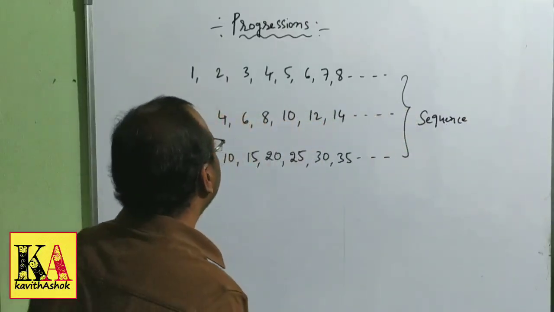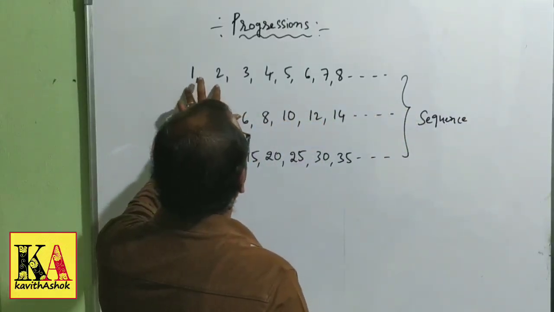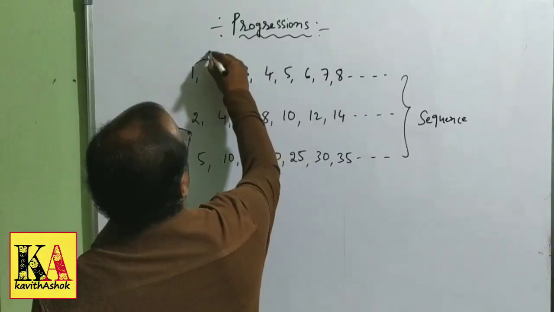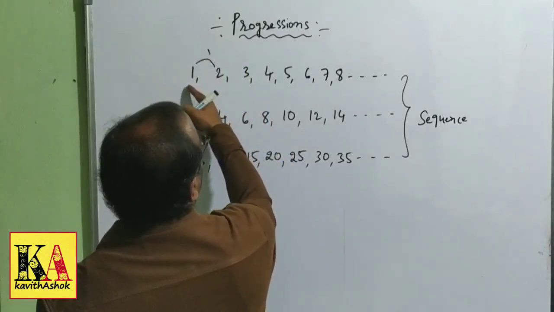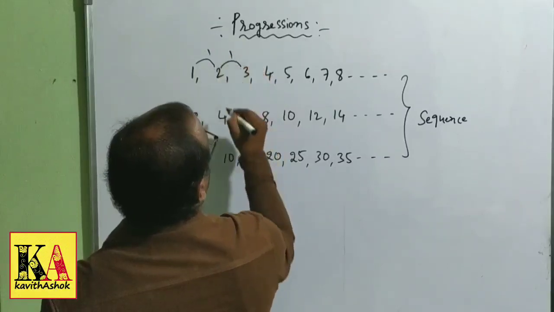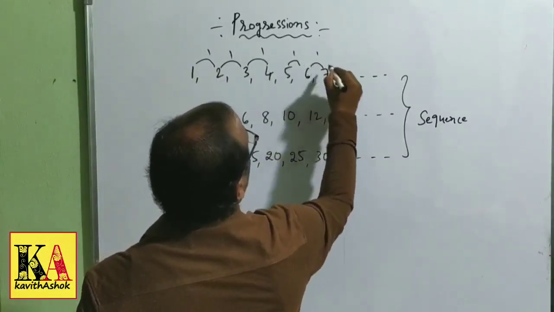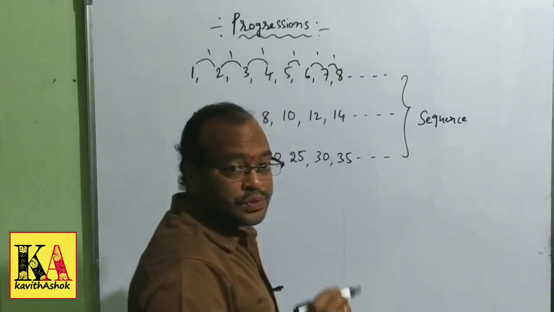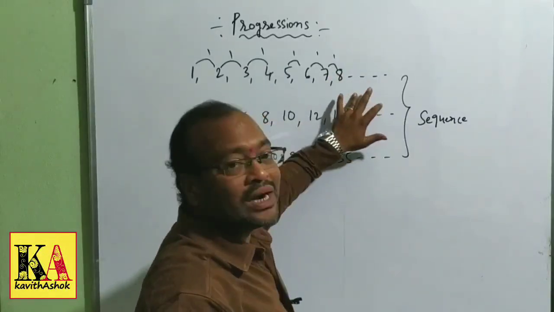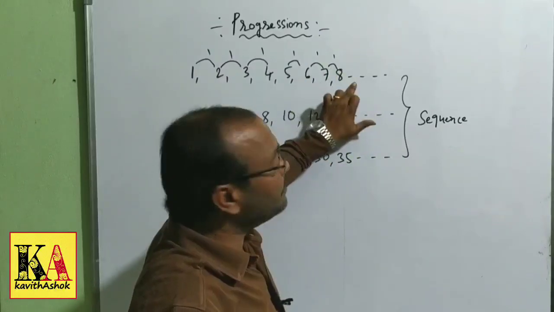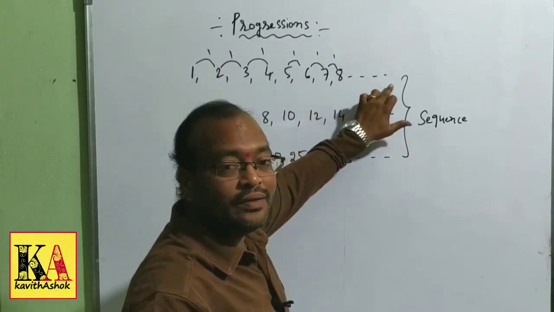Here, once you observe, what is the difference between these two? 1, because 2 minus 1 is 1. The difference is 1 each time. So that's why we can imagine the next element: 8 plus 1 becomes 9, then 10, 11, 12.